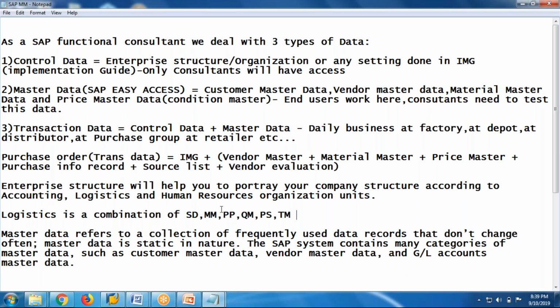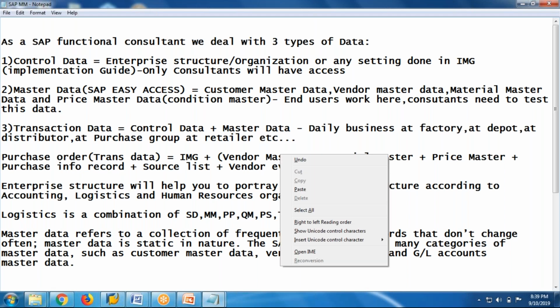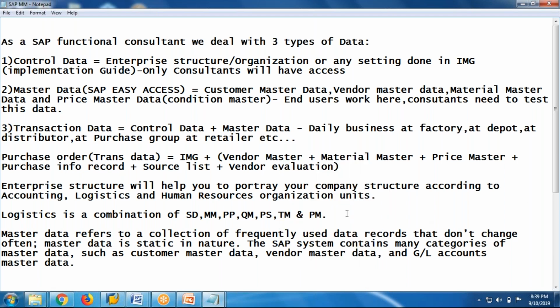Logistics means SD, MM, PP, QM, PS, TM. Note on this. Enterprise structure will help you to portray your company structure.